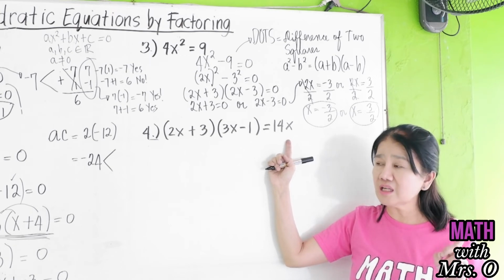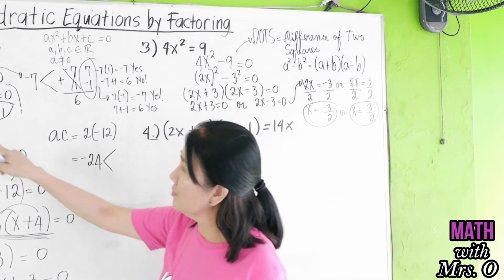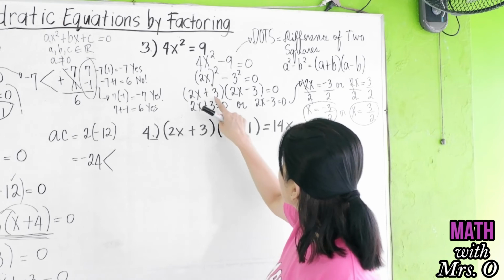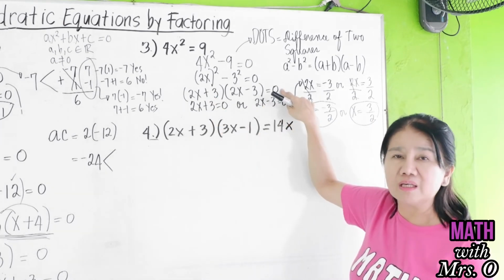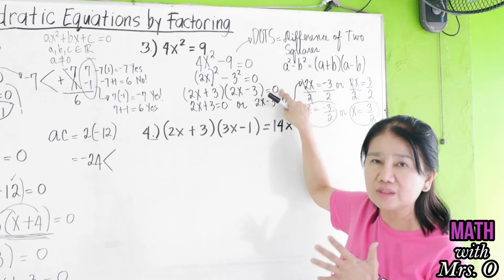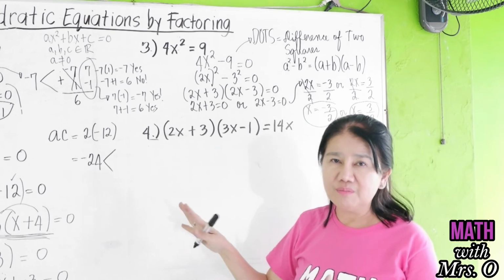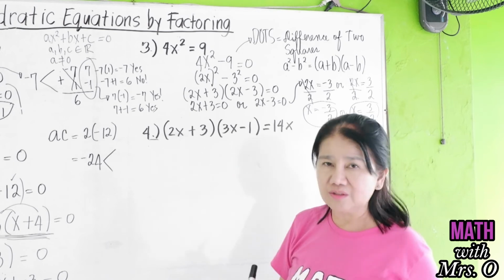If the right side is not equal to 0, you cannot apply the zero product theorem. Make sure that the zero product theorem can be applied only if the right side or one side is equal to 0. So we have to simplify this first before we apply factoring.